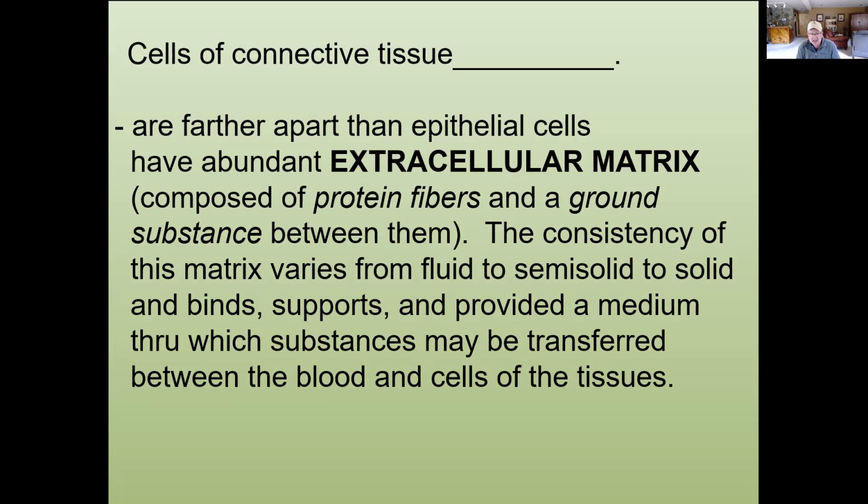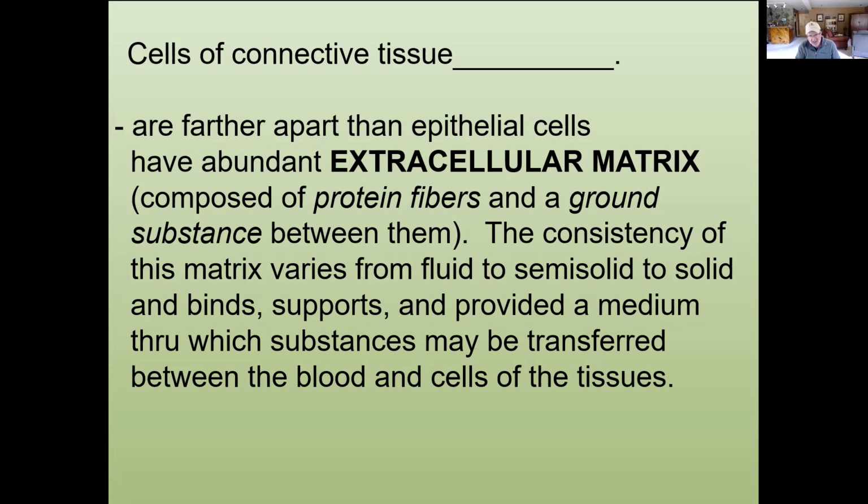We know that the skeletal system supports us structurally. So in bone, we have this matrix material composed of a lot of calcium and also collagen proteins that provides strength to that bone tissue.